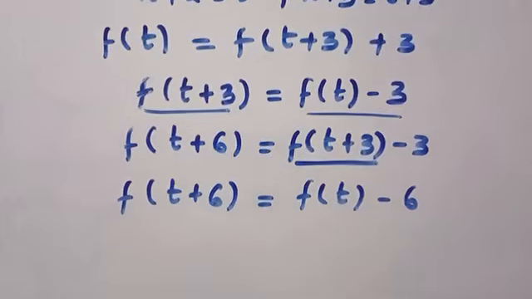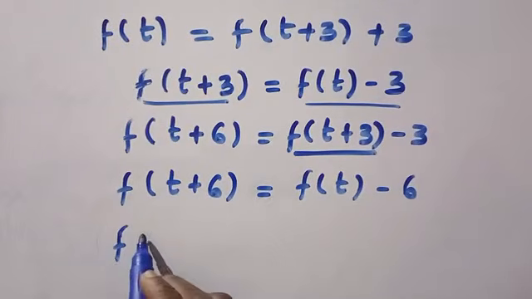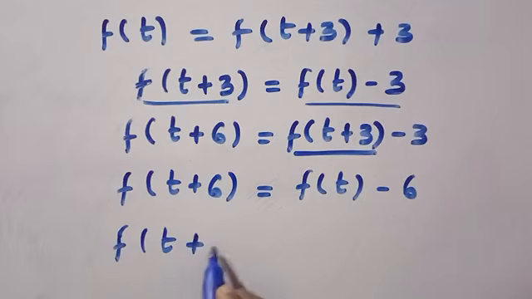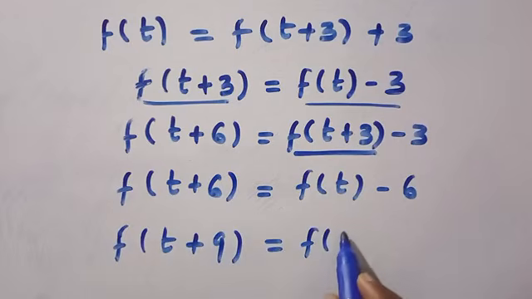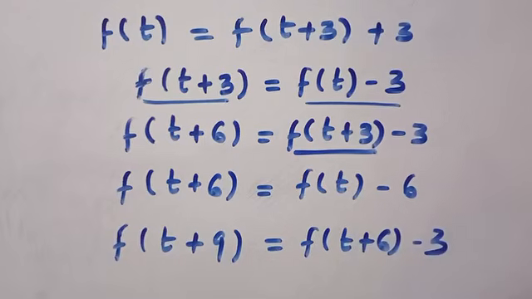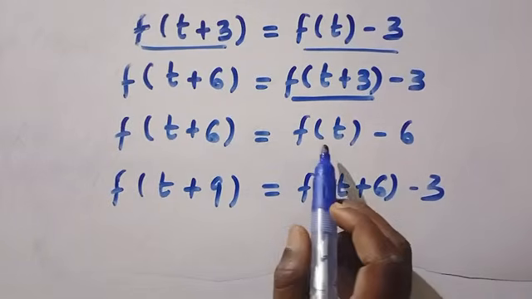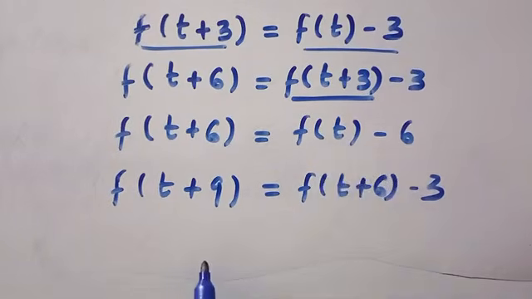And again, if I increase again by 3, we are going to have f of t plus 9 equals f of t plus 6 minus 3, where f of t plus 6 is also given as f of t minus 6.